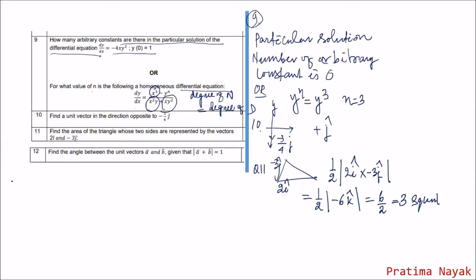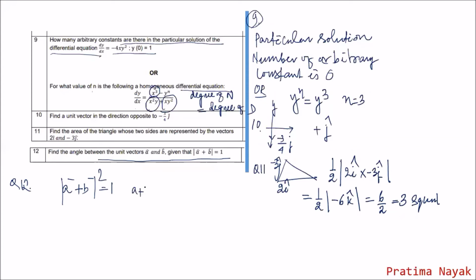Question number 12: find the angle between unit vectors A and B given that the magnitude of A plus B is equal to 1. So let us take the square.